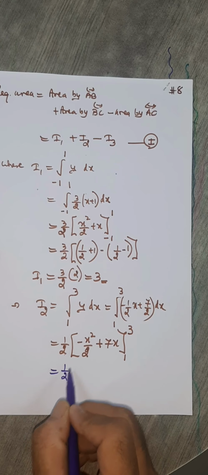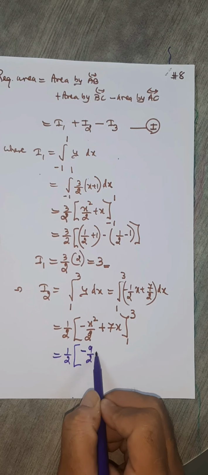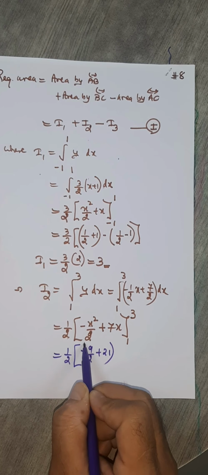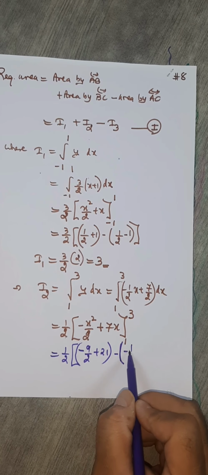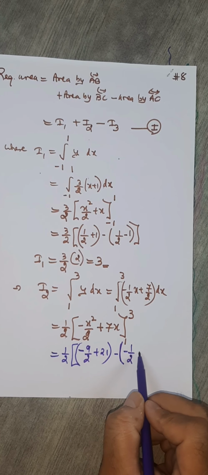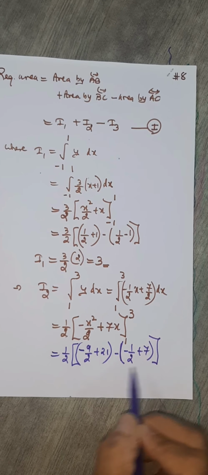1/2 मैंने ऑलरेडी बाहर रखा है. Put upper limit first. So 9/2 plus 21 minus, put lower limit. What's the lower limit? -1/2 plus 7. So let's simplify this.